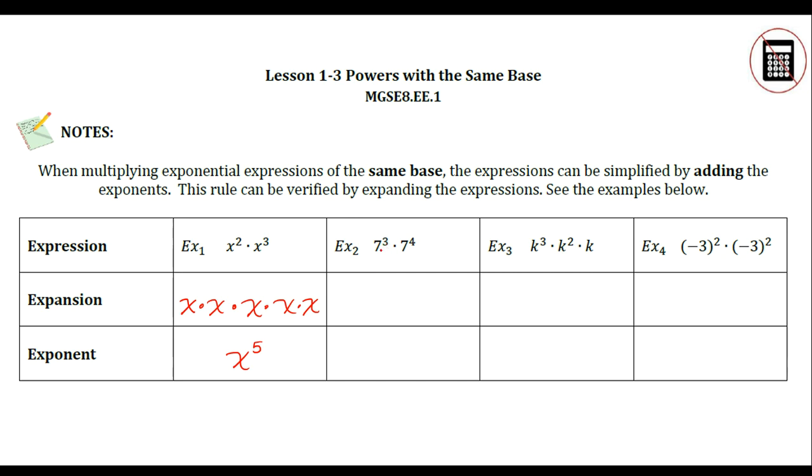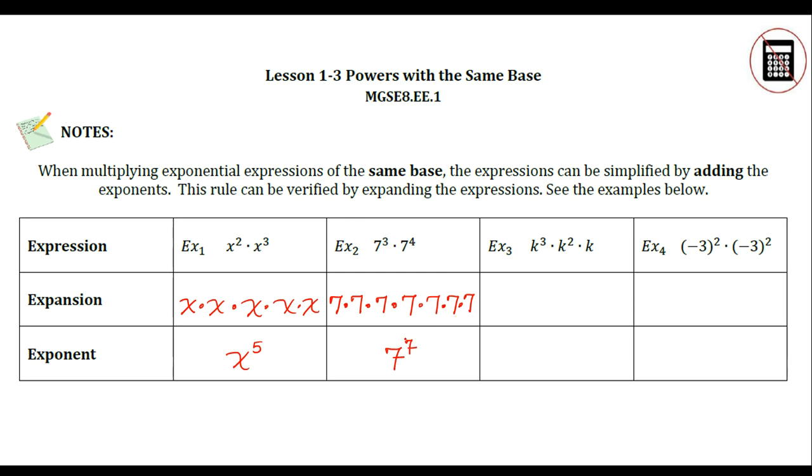Example number 2. 7 to the third is really 7 times 7 times 7, and then it's being multiplied by 7 to the fourth, which is simply 7 times 7 times 7 times 7. And then when we rewrite this expression with the base of 7, it's really 7 to the 1, 2, 3, 4, 5, 6, 7.